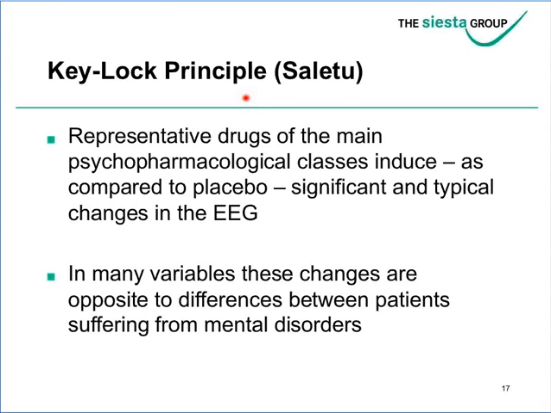He has found a lot of evidence that representative drugs of the main psychopharmacological classes induce very typical patterns of changes in the EEG on one hand, and on the other hand, the patterns of how different mental and neurological disorders change brain activity in the EEG.